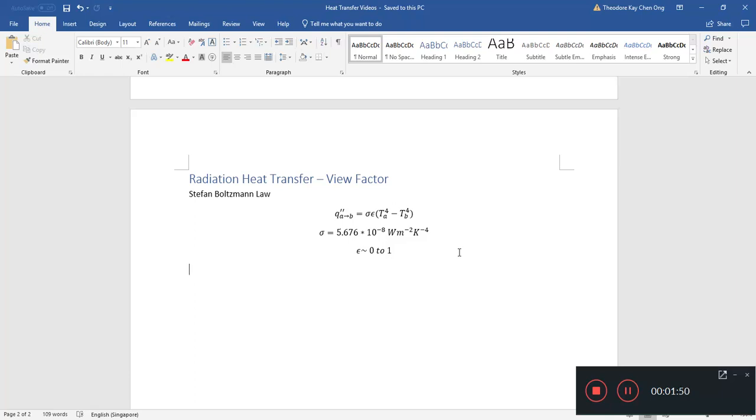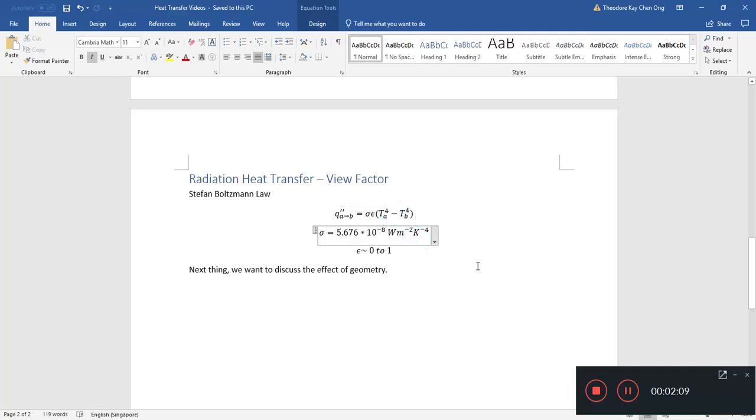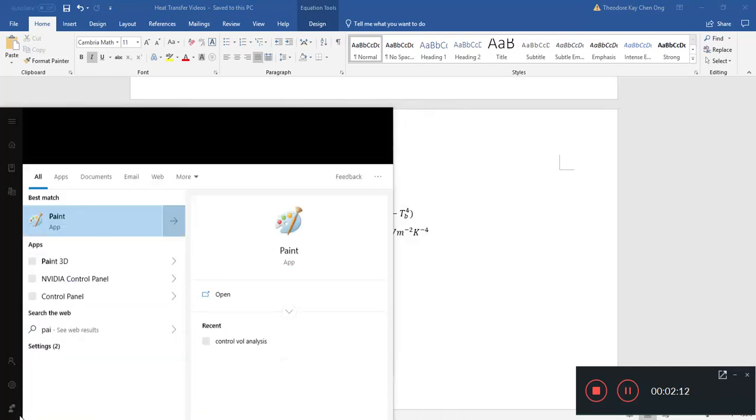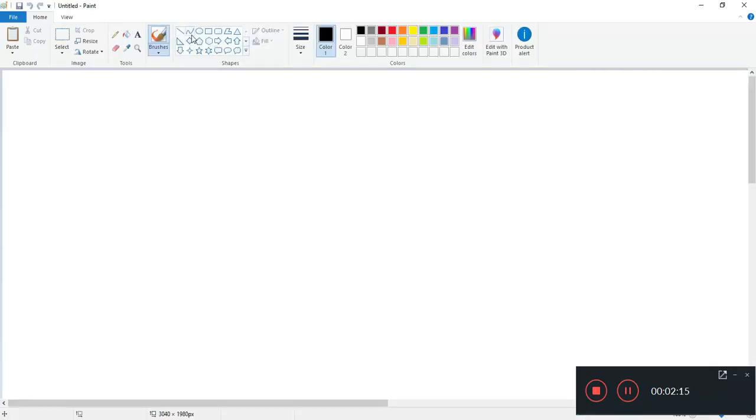The next thing we want to discuss is the effect of geometry. All right, so this law, so to speak, assumes that, okay, let's bring our paint out, that we have two bodies. There's one body here, one body here, and it's so-called emitting radiation everywhere.